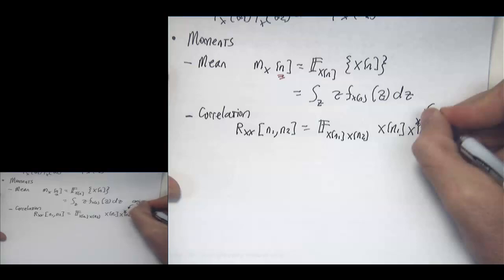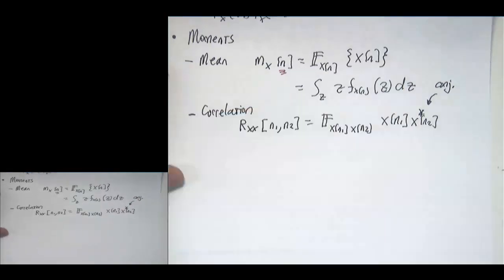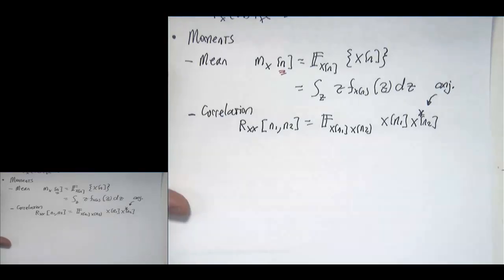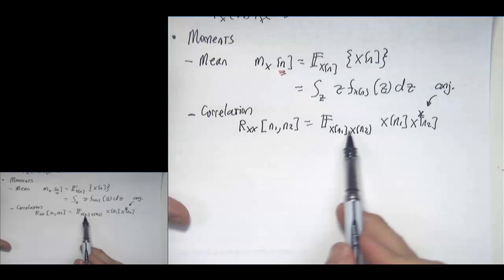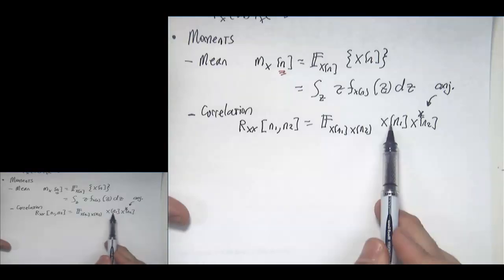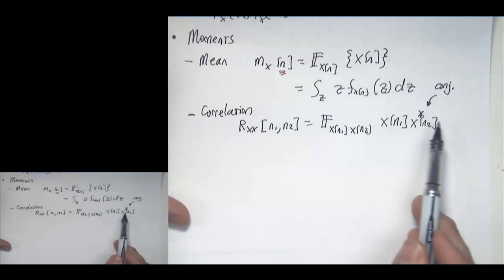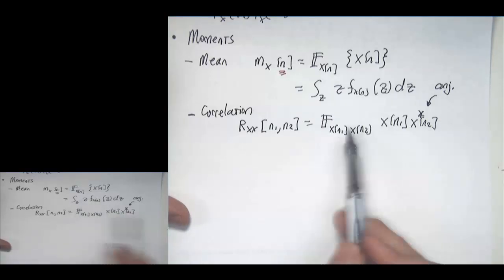There are other variations of correlation without the conjugate, but we don't need those. This is a two-dimensional function: we're asking what the average of the product of our signal at one point in time and another point in time is. That's equivalent to integrating against the joint distribution.